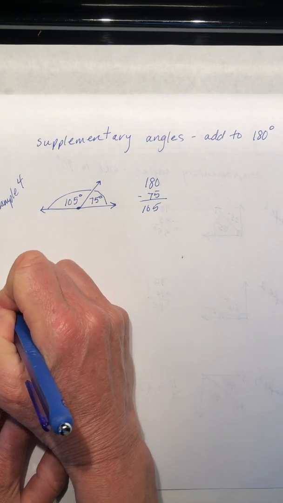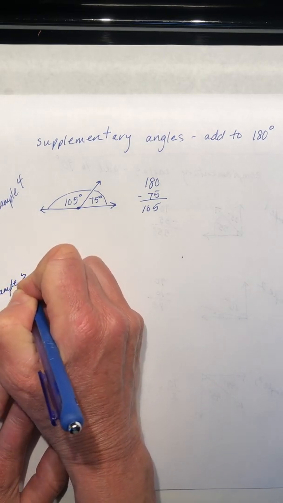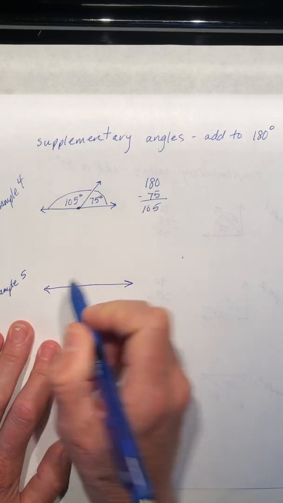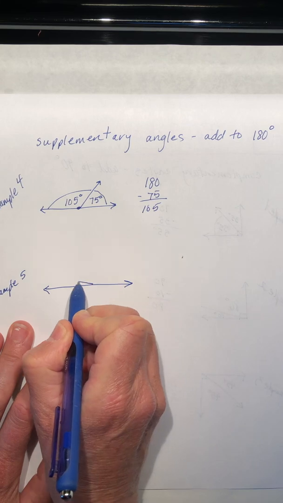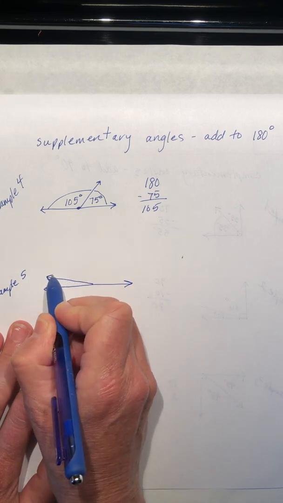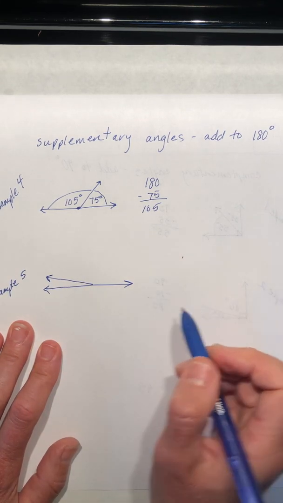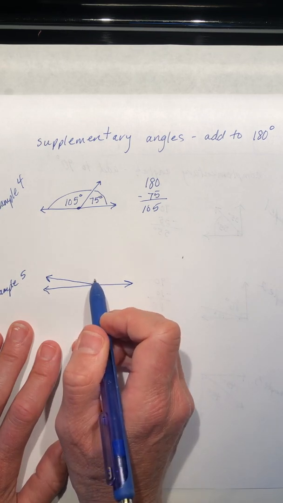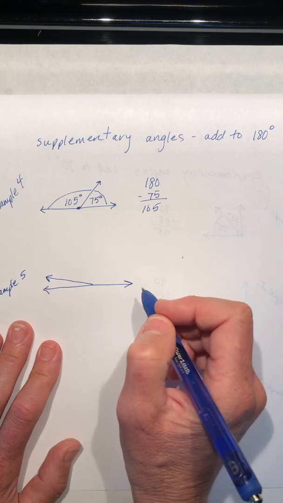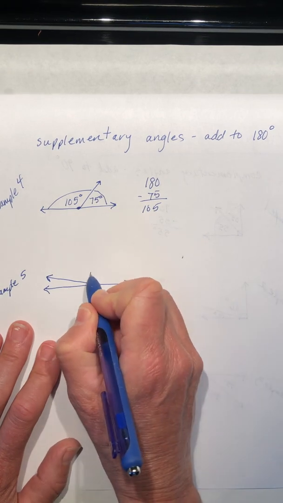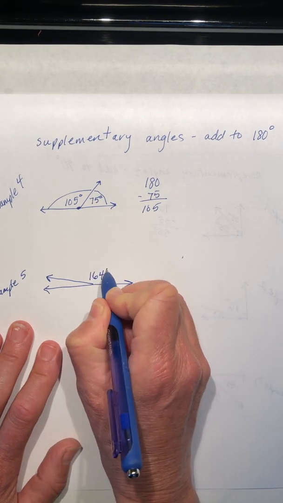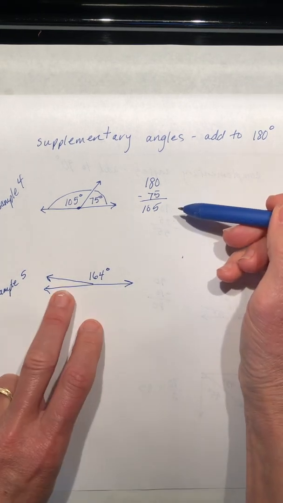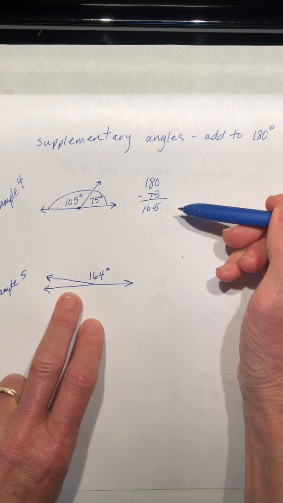Let's look at sample 5. And let's do it like this. So let's say that this angle right here is 164 degrees. What do we do up here to figure out the measurement of the other angle?